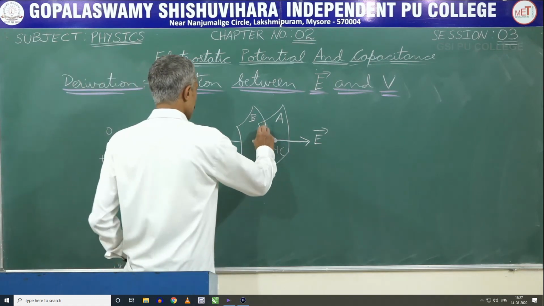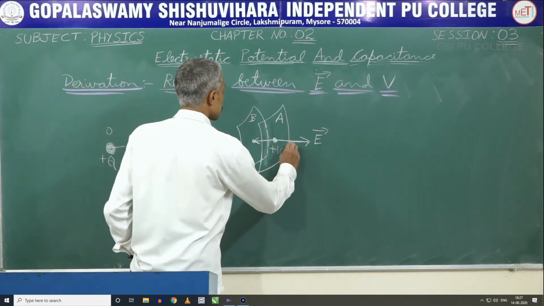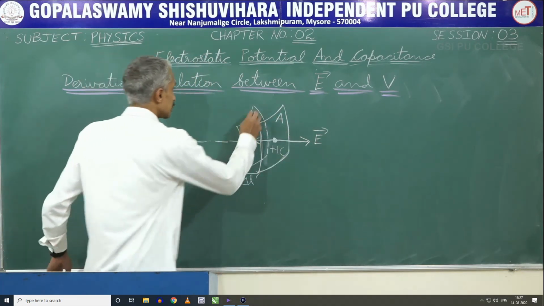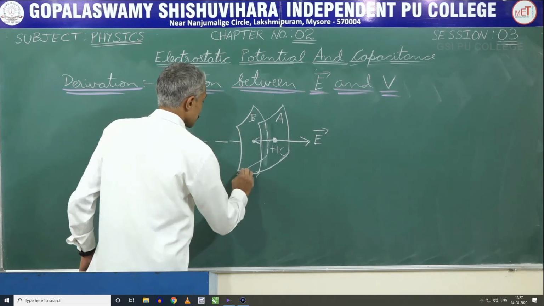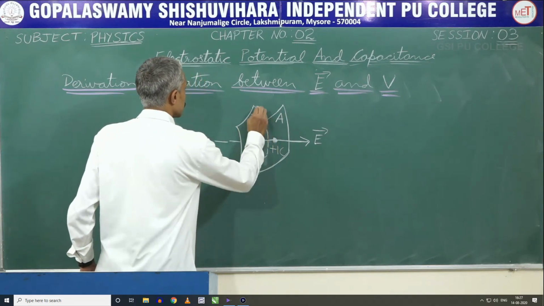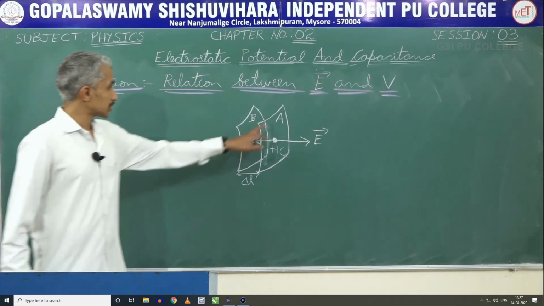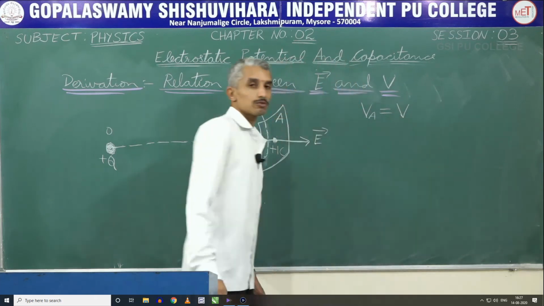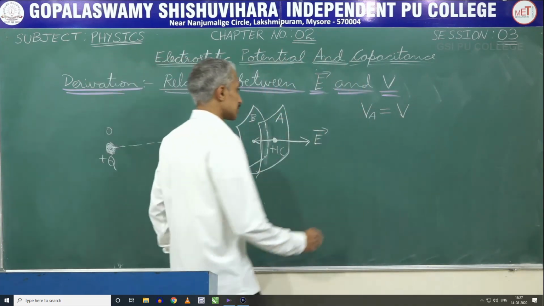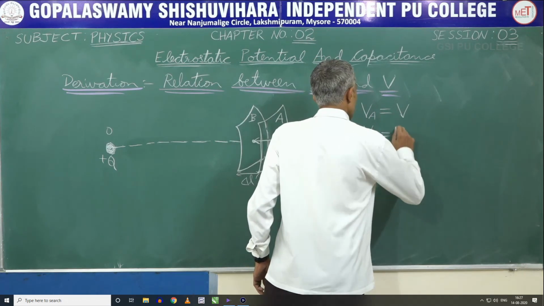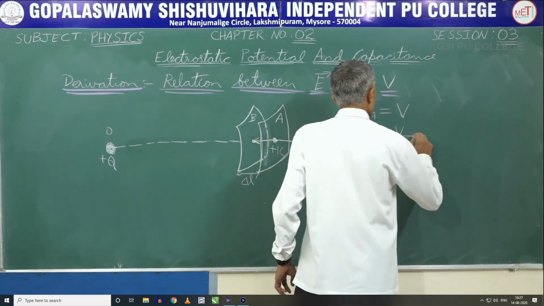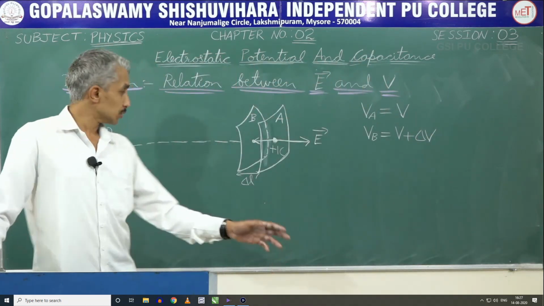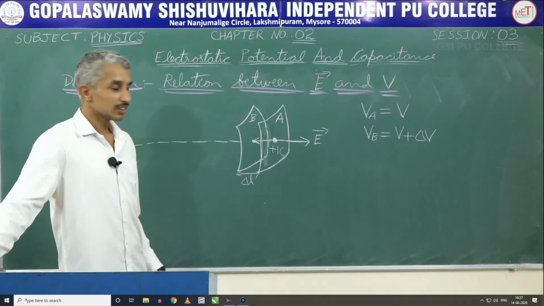Somewhere at a distance, let us take two equipotential surfaces, surface A and then surface B. The potential at A, I will take it as VA, let it be equal to V. The potential at B, let it be V plus delta V. As you move towards the charge, the potential increases.